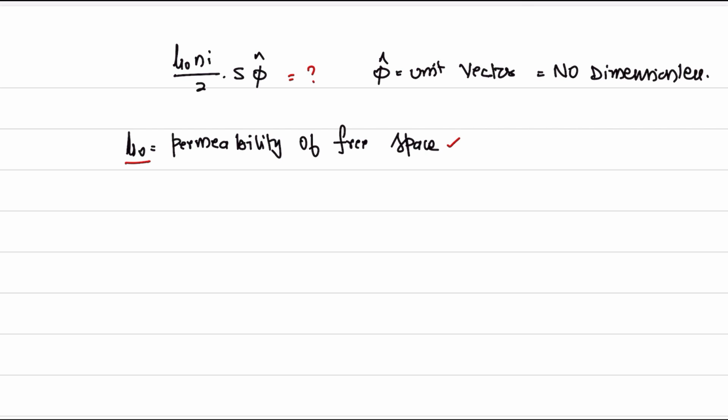What are the permeability units? μ₀ has the units kg meter per second square per ampere square.